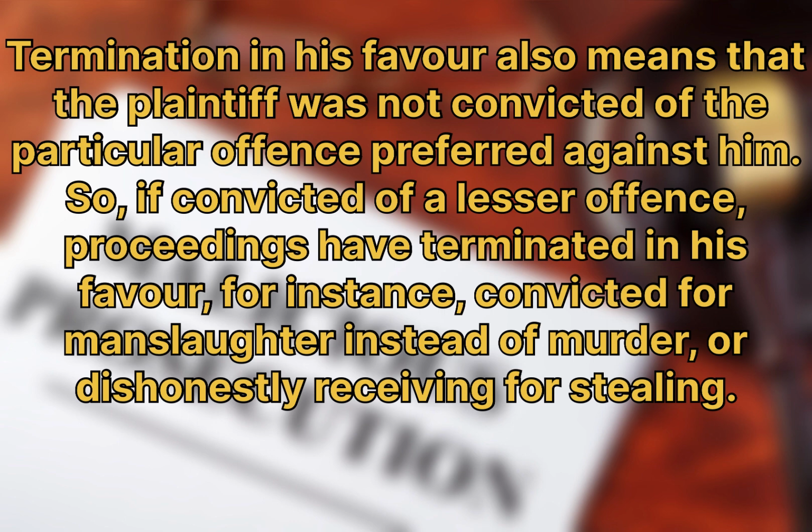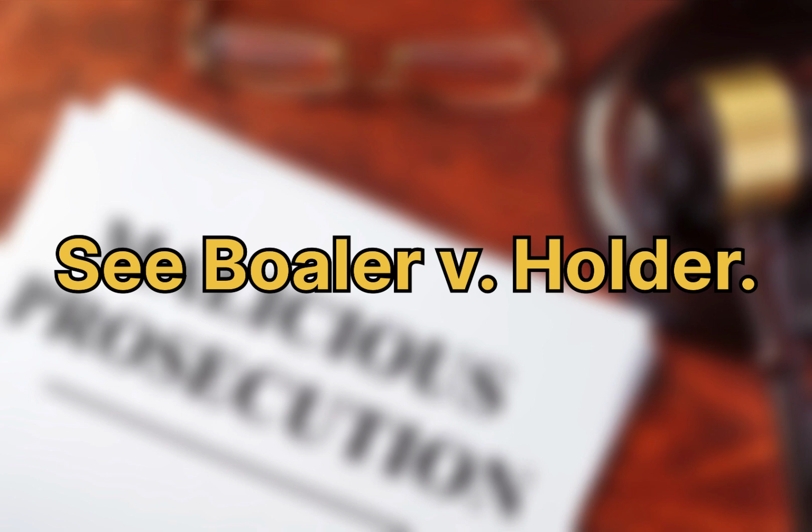So if he is convicted of a lesser offense, proceedings have terminated in his favor, as it were. For instance, convicted for manslaughter instead of murder, or dishonestly receiving instead of stealing. You can see Boiler versus Holder for more on this.